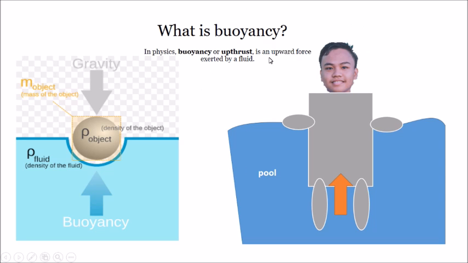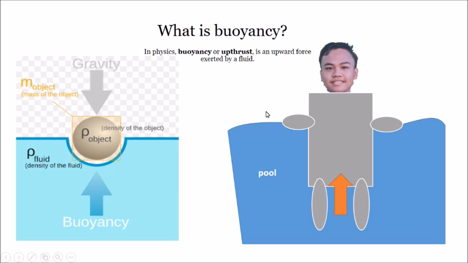So, let's define buoyancy. Buoyancy is an upward force exerted by a fluid. So this is the object, and the water exerts a force against the object, and it's known as the buoyant force.